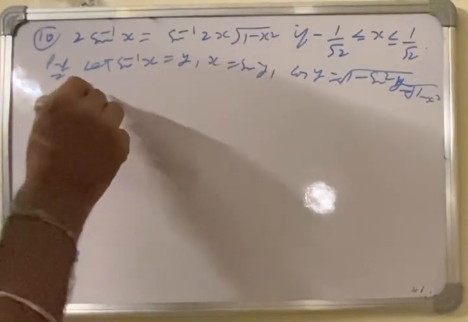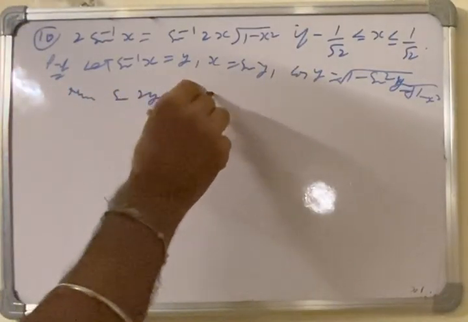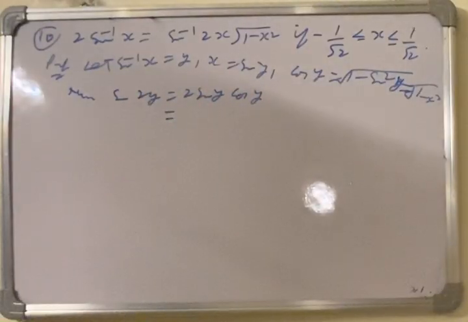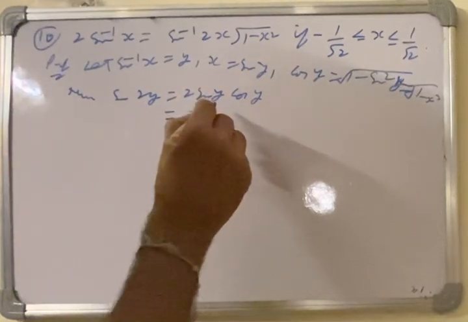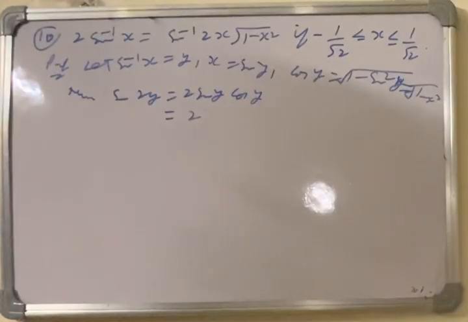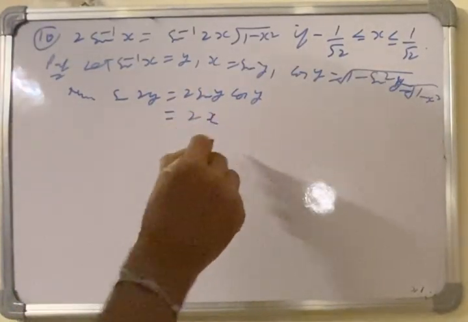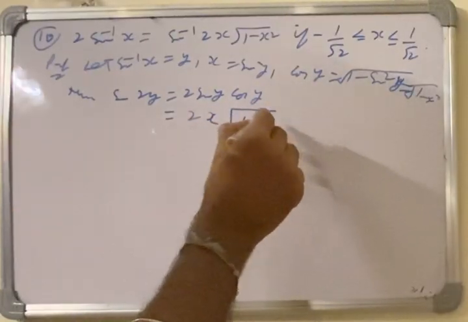Now, sine 2y is equal to 2 sine y cos y. Therefore, it is 2, sine y is x, cos y is square root of 1 minus x square.